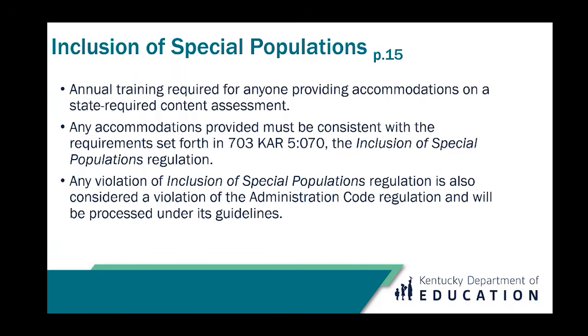Annual training is essential for staff to understand their role in providing accommodations and meeting regulatory requirements. Properly administered accommodations are intended to support students in earning valid and reliable test results and should never provide a testing advantage or automatically ensure proficient scores.